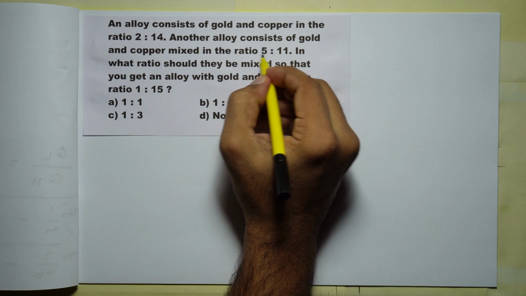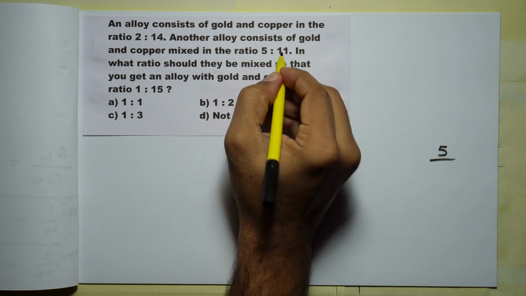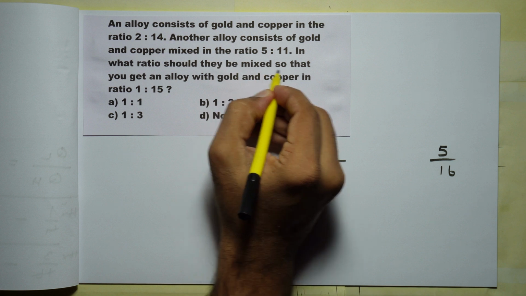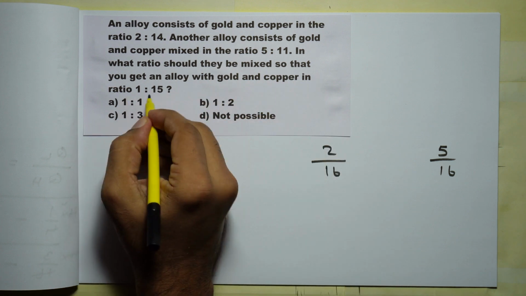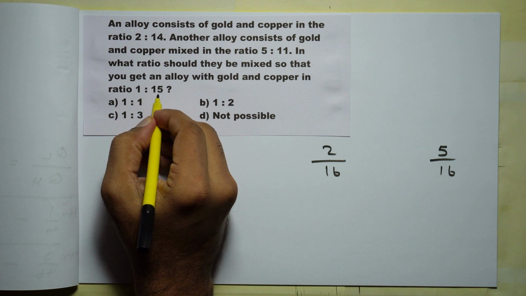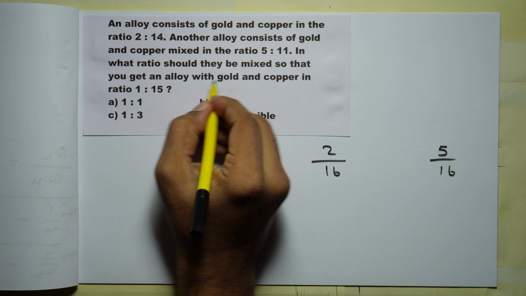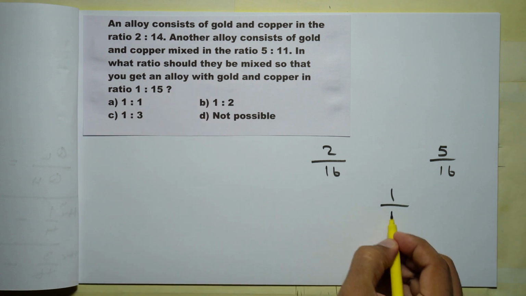So concentration of gold in that alloy will be 5 out of a total of 5 plus 11, 16. In what ratio should they be mixed so that you get an alloy with gold and copper in the ratio 1:15? So we'll find the concentration of gold in this alloy, that is 1 out of a total of 1 plus 15, that is 16.